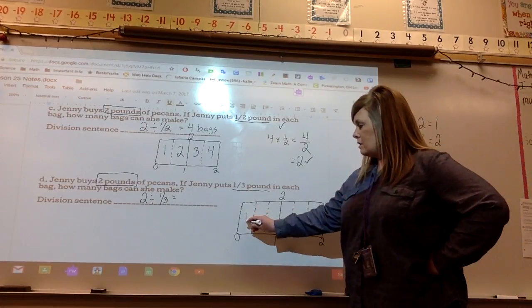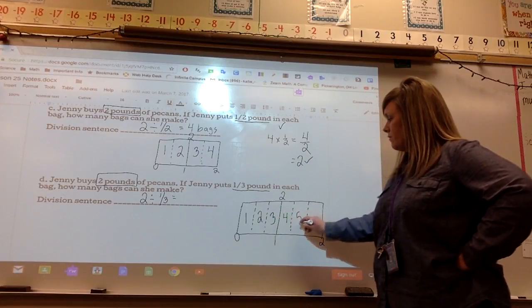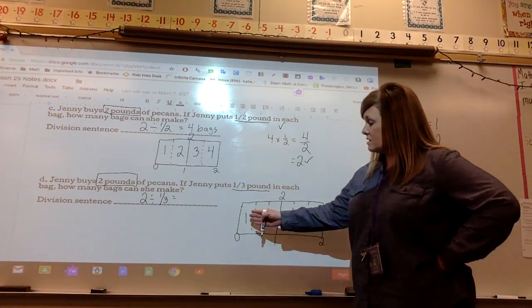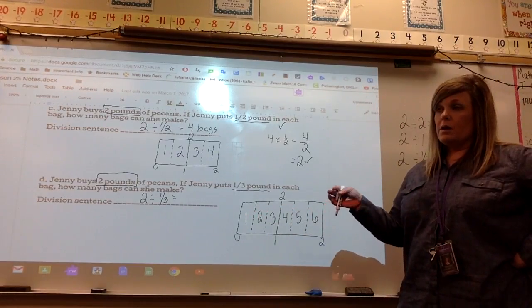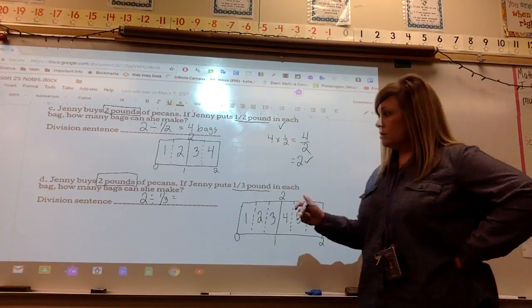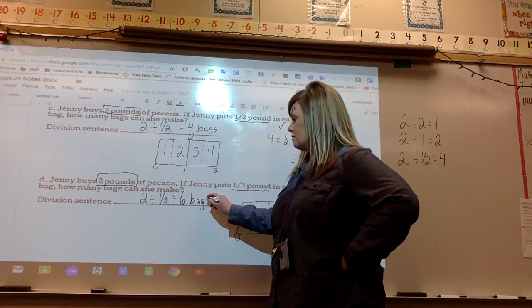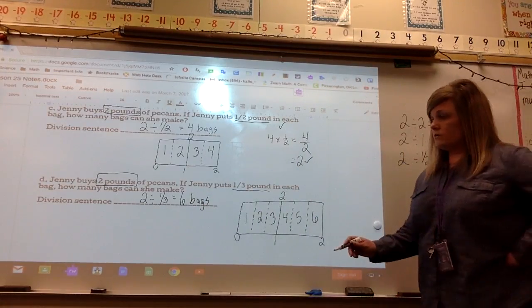Let's count. There's 1, 2, 3, 4, 5, 6. There are actually 6 sections, so there's 6 1/3 pieces in 2 wholes. So she can actually make 6 bags. How many of you guys got that correct? All right, let's check it.